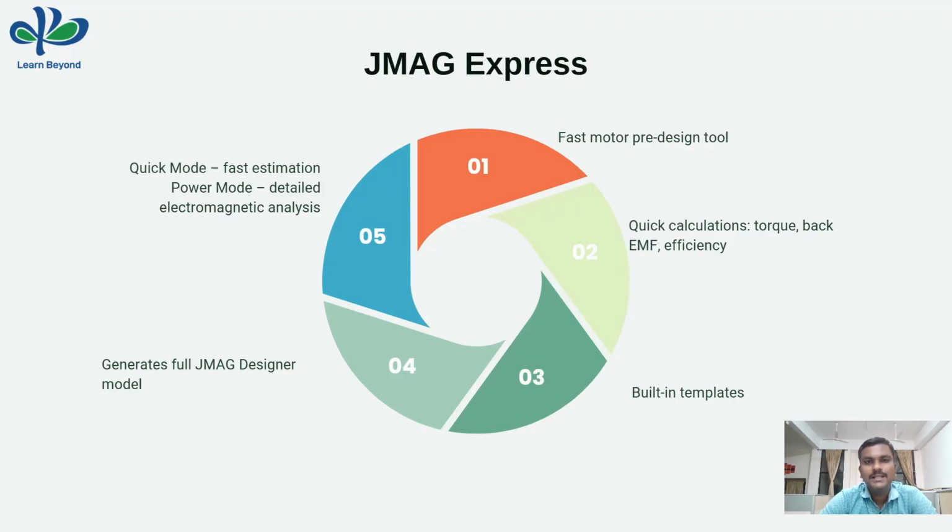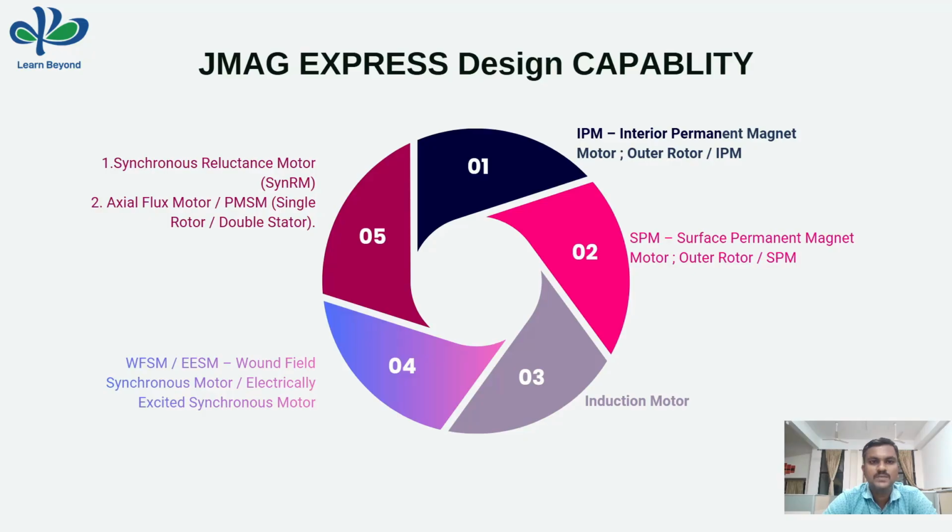We can also integrate JMAG Express with JMAG Designer, which is a three-dimensional analysis software. Normally we do the two-dimensional analysis in JMAG Express, which can be transferred to three dimensions, and we can see the three-dimensional flux flow analysis in JMAG Designer. This is the advantage of going for JMAG Express.